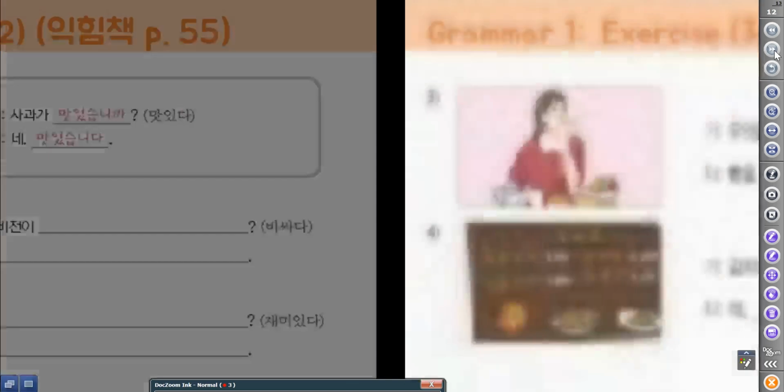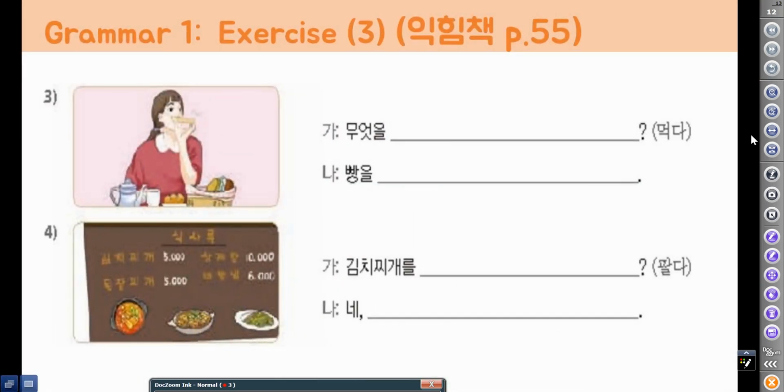Okay, let's continue. So here, we're still on page 55. And here, 무엇을, what do you eat? 무엇을 먹다. So, 비읍니까 or 씁니까?